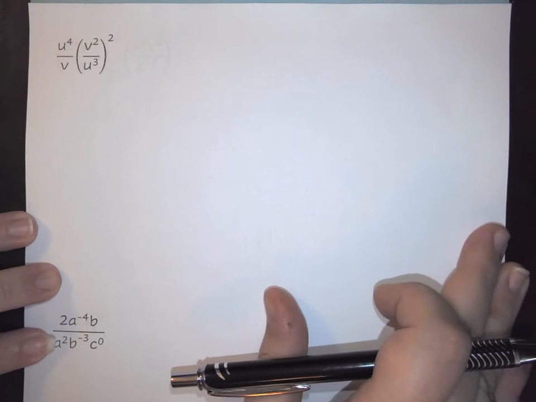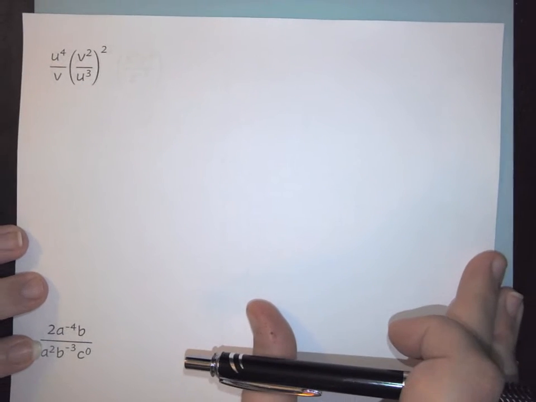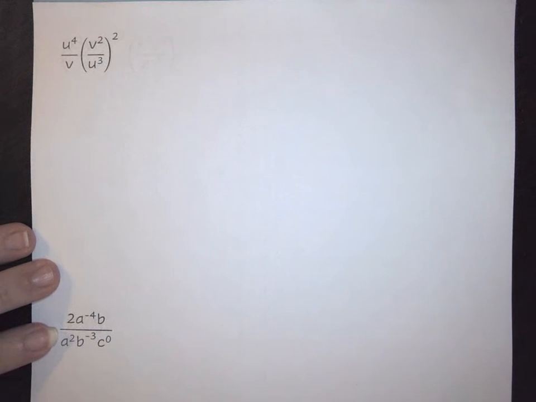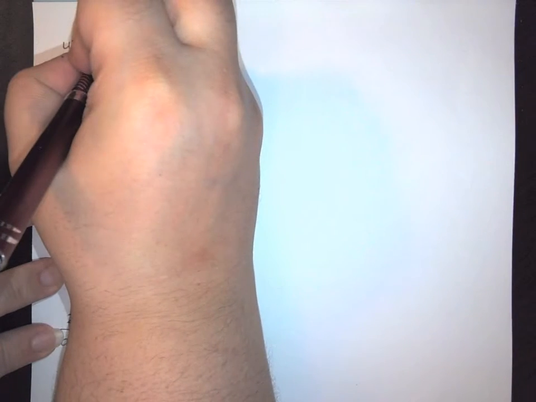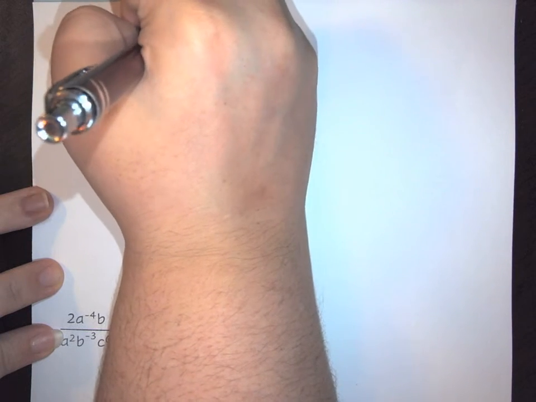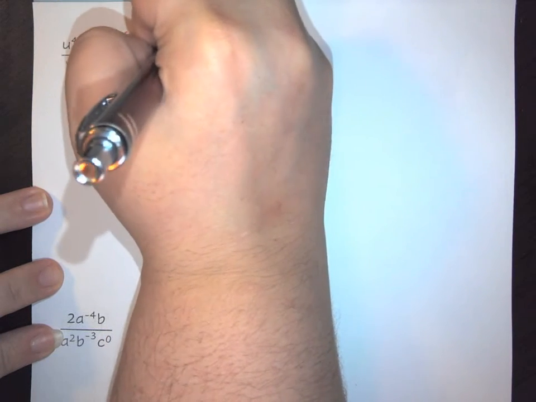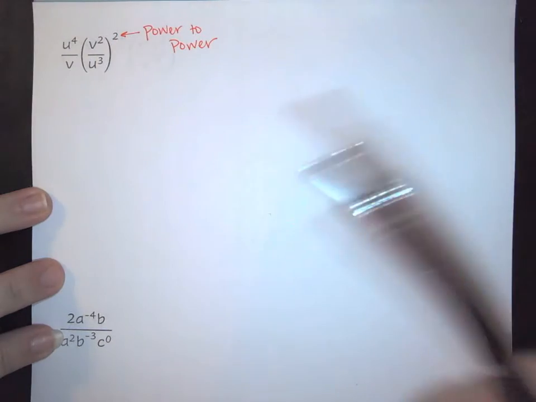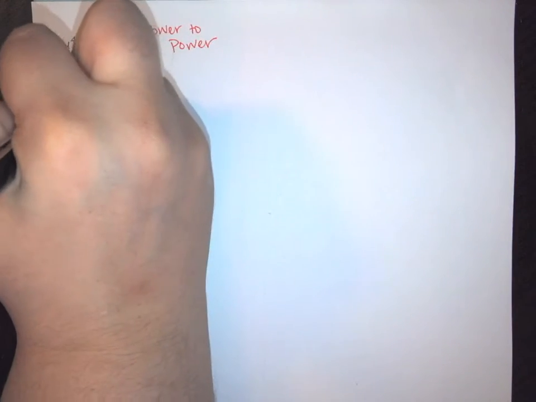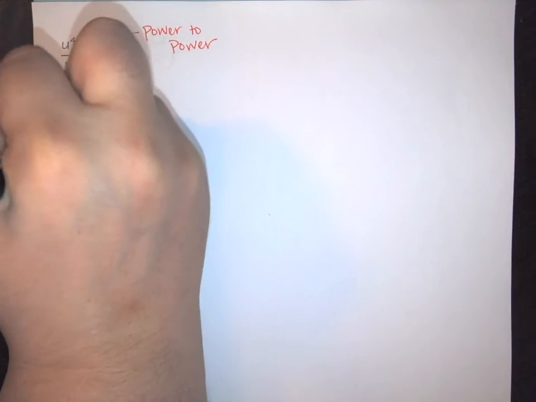Alright, let's take a look at this one. Again, the name of the game is unpacking your exponents. And here the first thing that we have is this little 2 right here, which is going to be our power to a power. So this first fraction over here I'm going to leave alone. This is going to stay u to the 4th over v.